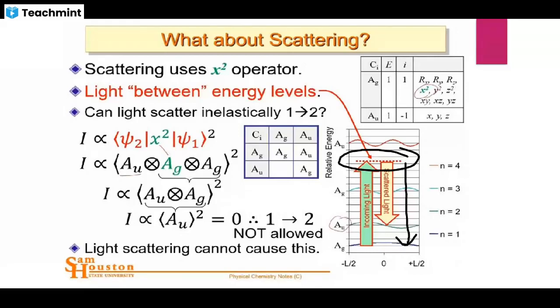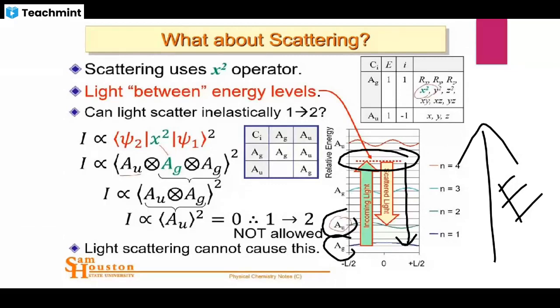You see the arrow is small, meaning these are energy levels. The photon has lost energy, and it takes the molecule from Ag to Au. It may be rotational or vibrational.